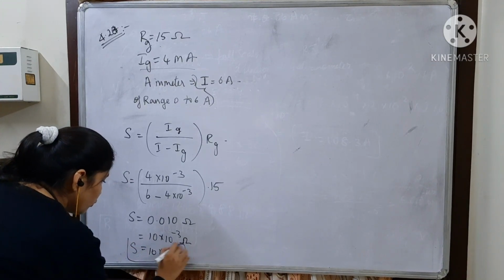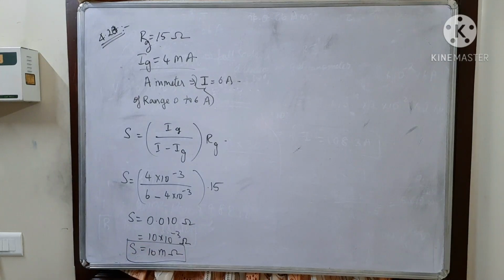So that is the value for the shunt resistance. You need to connect this in parallel with the galvanometer and the entire setup will be connected in series in the circuit as an ammeter.